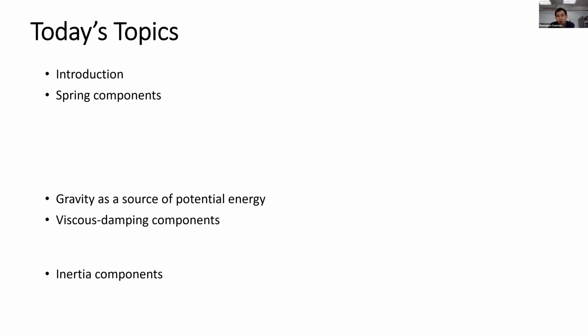If we have more than one spring in the system, how can we obtain the equivalent stiffness of the spring? If we have multiple inertia parts, the linear mass or the moment of inertia in the system, how can we combine them into the equivalent mass of the system?